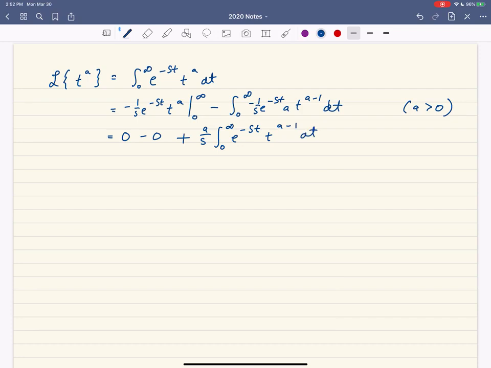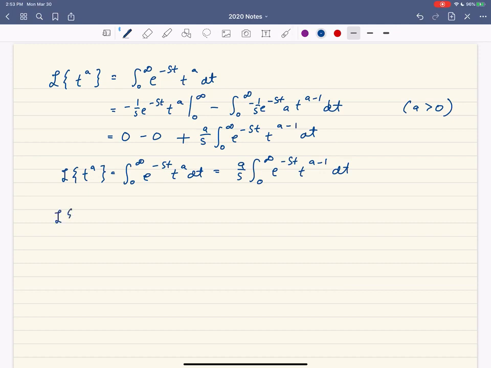Okay, and so what happened was we saw that the Laplace transform of t to the a, the integral from 0 to infinity, e to the negative st, t to the a, dt, was a over s, times the same integral from 0 to infinity, e to the negative st, just t to the a minus 1 dt.